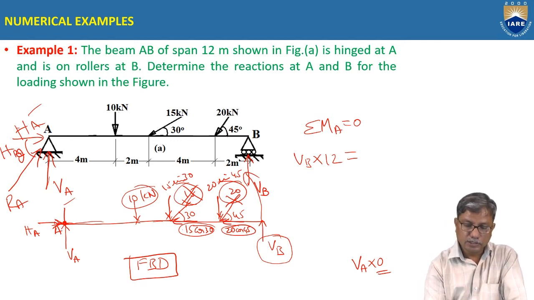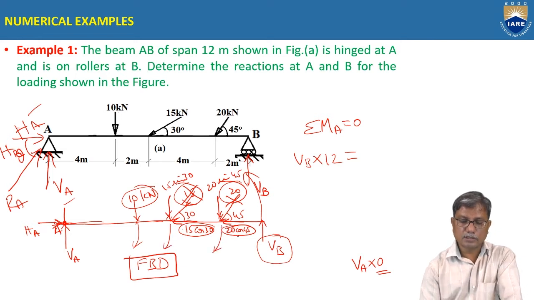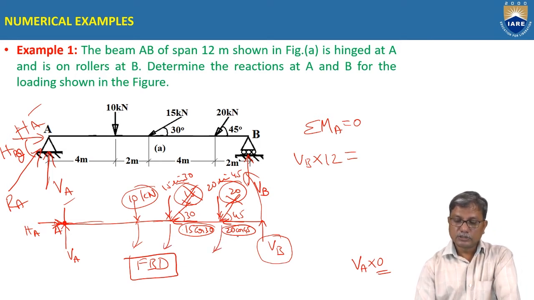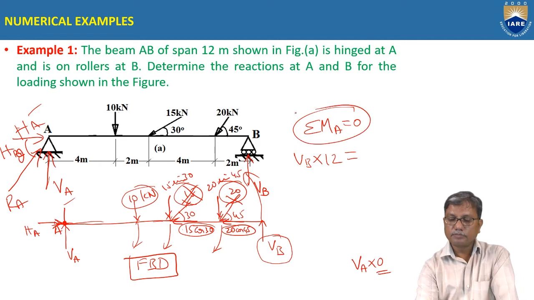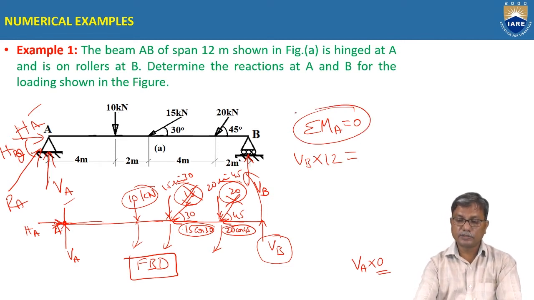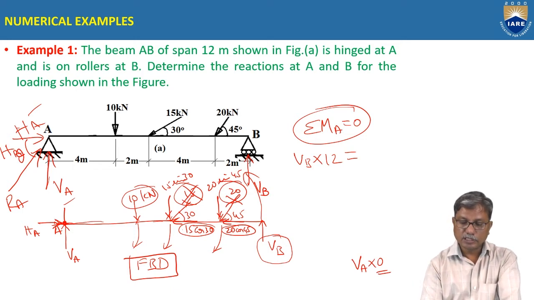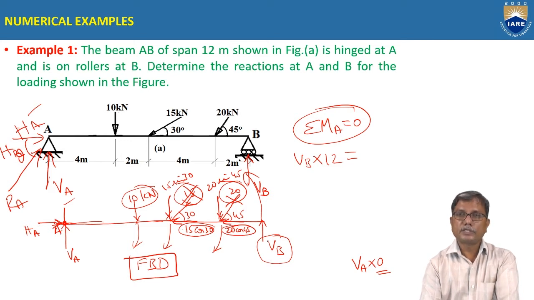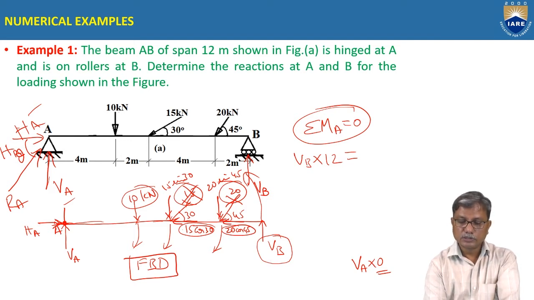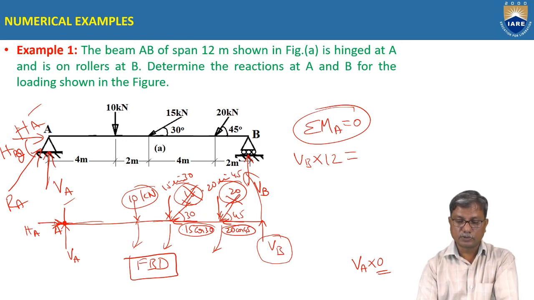What is the nature of moment produced by these forces? All are clockwise moments only. So what is the meaning of this sigma MA = 0? The sum of anti-clockwise moments is equal to the sum of clockwise moments about A. The anti-clockwise moment is due to reaction VB only, and the clockwise moments are due to these external forces.